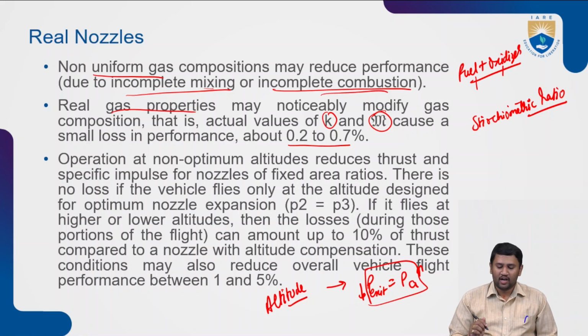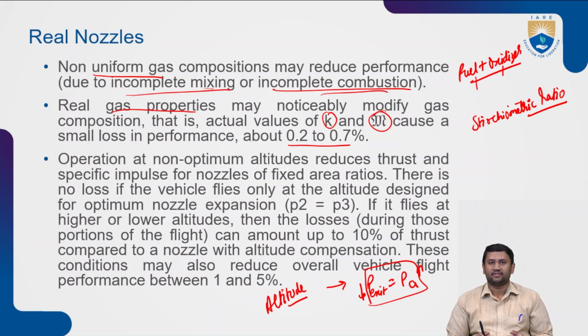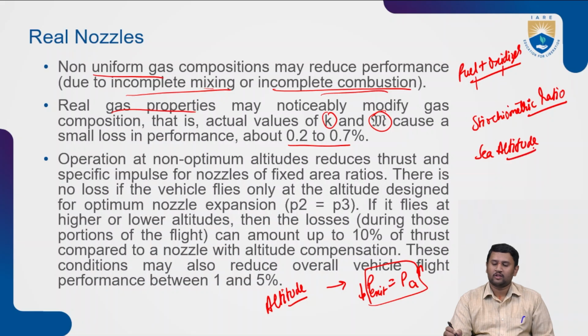Now, what happens under this? A rocket engine that we are creating will be able to operate only under a certain regime of altitude. If we are creating a rocket for sea level, you can't discard the same rocket engine right after 1 kilometer.